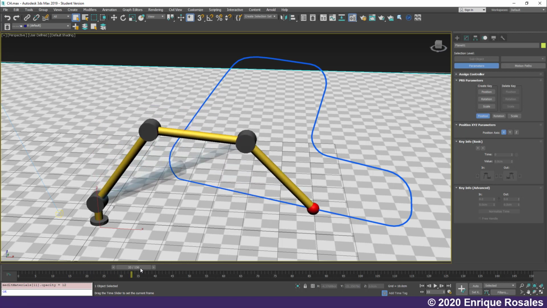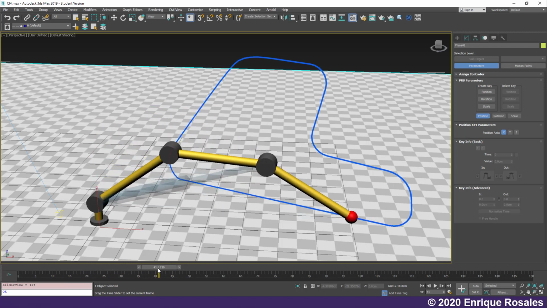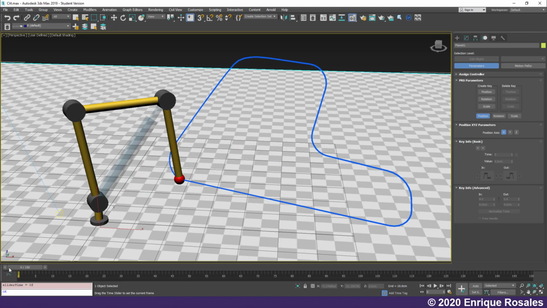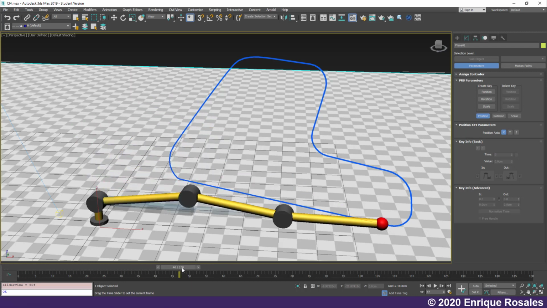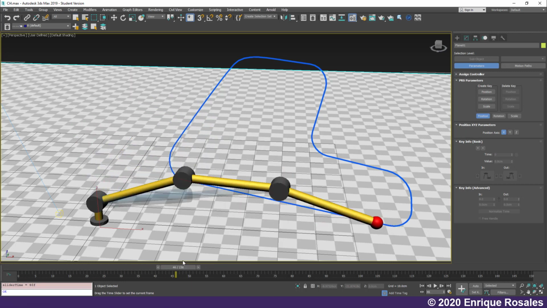And that variable link has its minimum size as the distance of the first link, and its maximum length will be the sum of these links.